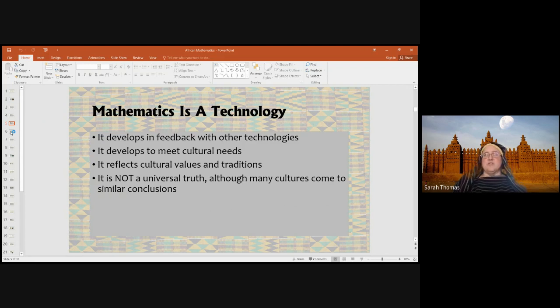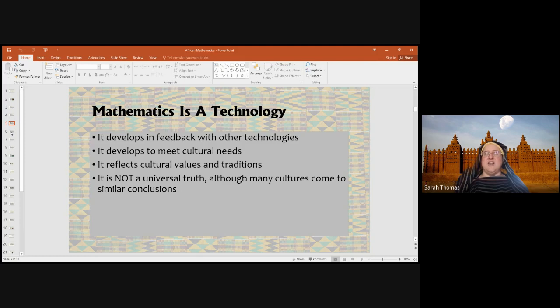But more importantly, mathematics develops to meet cultural needs. Whatever a culture values, that's what their math is going to be oriented towards. When they have traditions, their math is not going to allow them to step outside those traditions, which is kind of interesting because we like to think of math as completely independent from any of that, but it's definitely not.